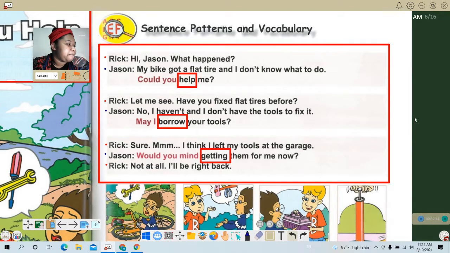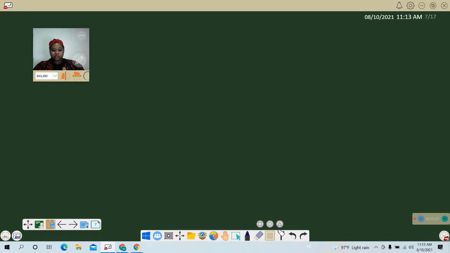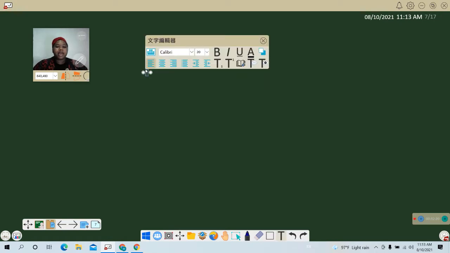Okay? So again, could you plus verb. May I plus verb. Would you mind verb ing? Again, could you, and then it will be a verb. May I, and then it will be a verb.